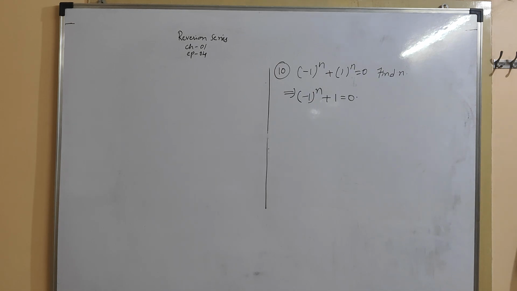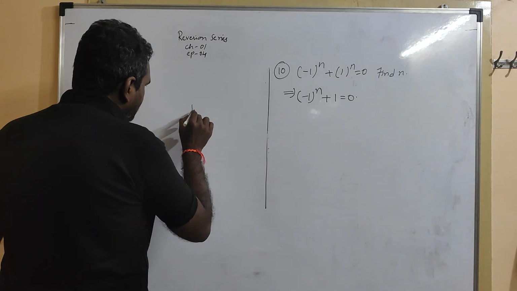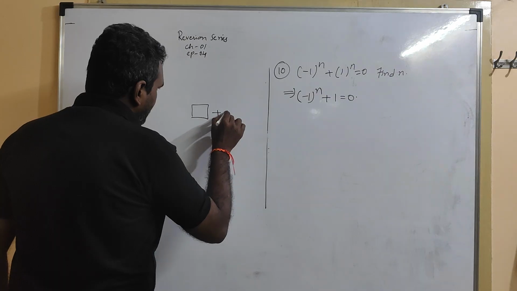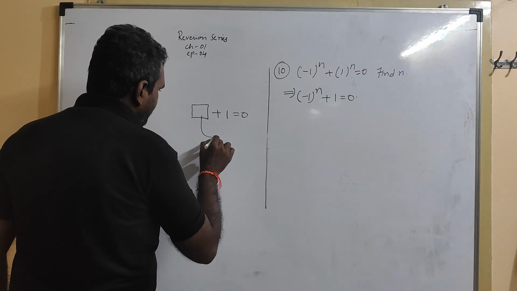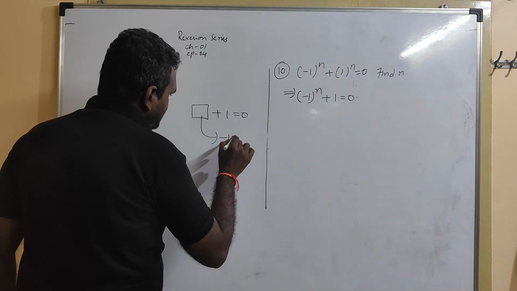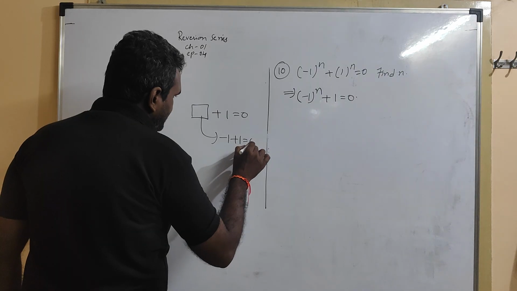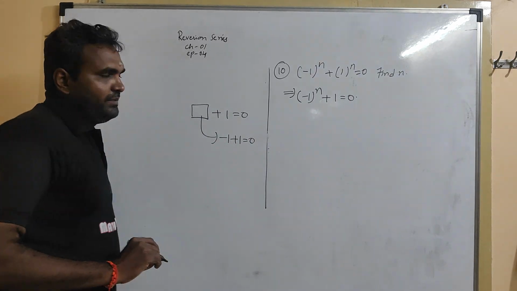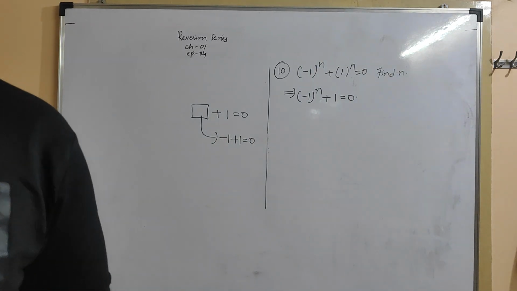Are you following me or not? How much I have to add to 1 to get 0? That something has to be, if I add minus 1, 1 plus minus 1 will be 0, right? That something has to be minus 1, right or not?